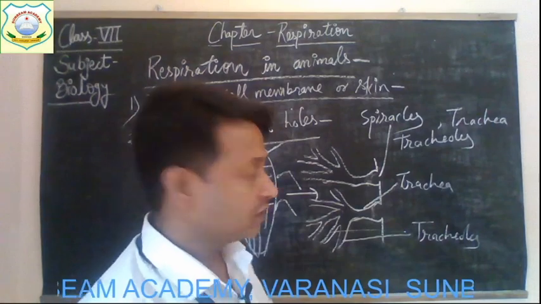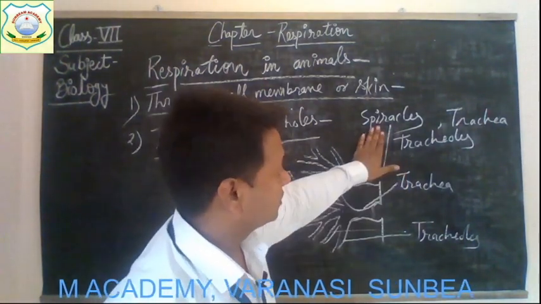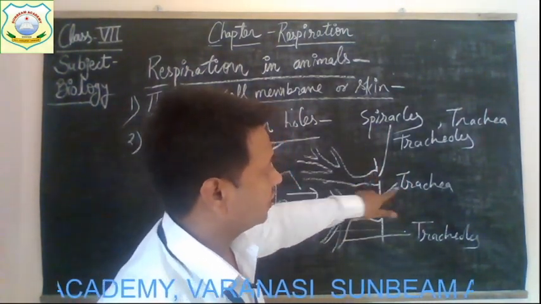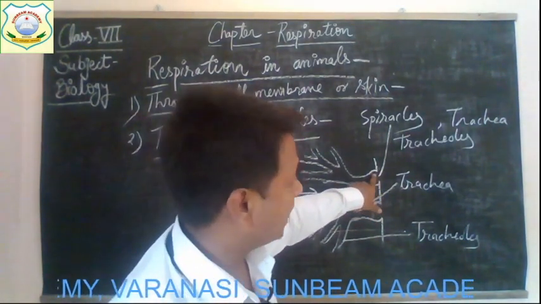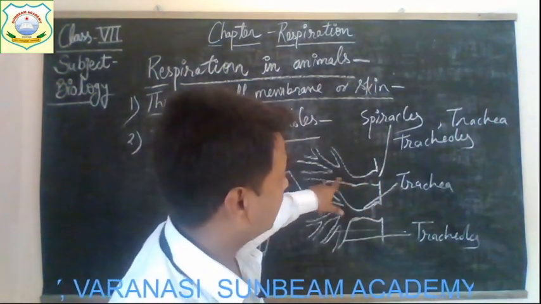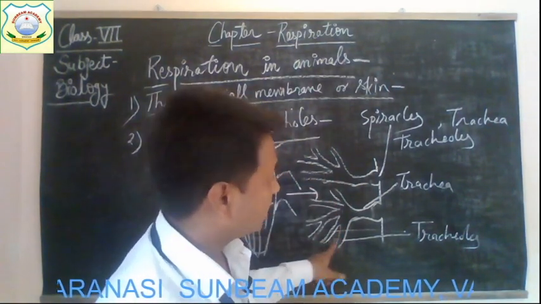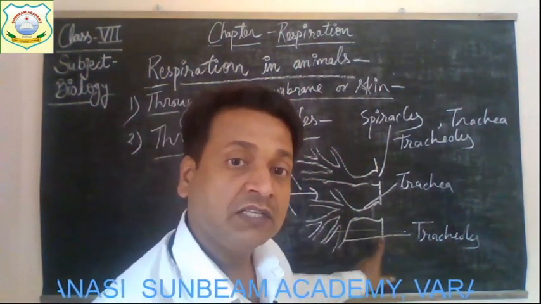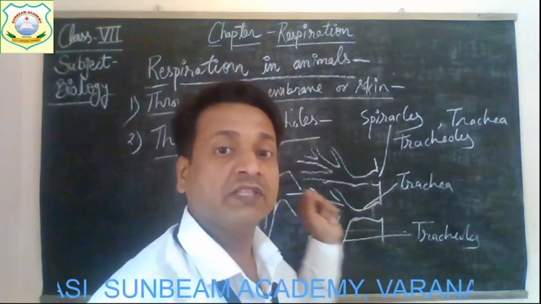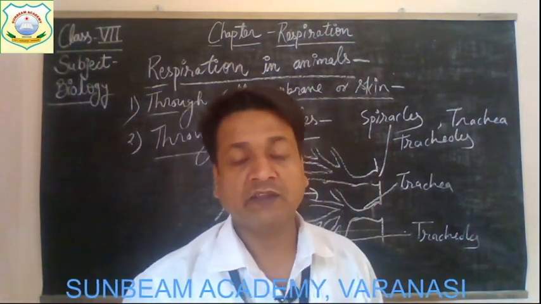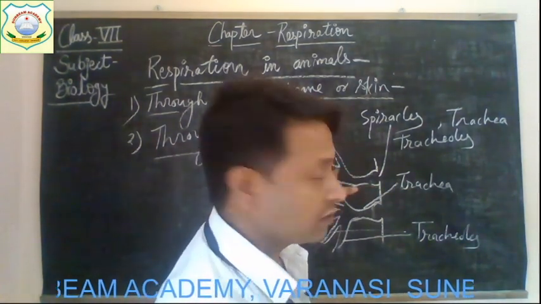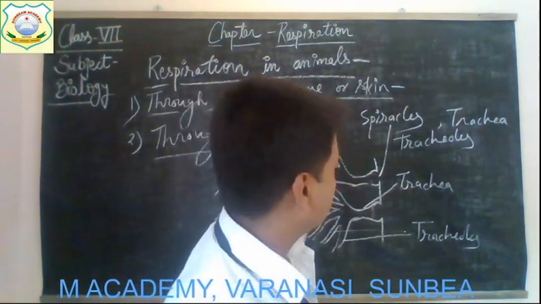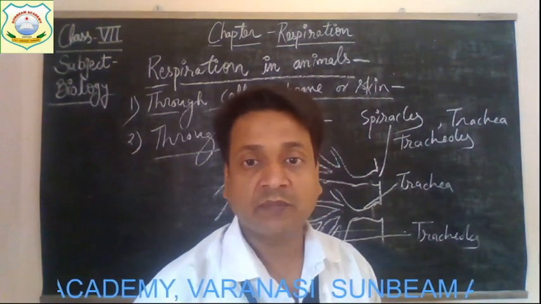Get it, children? These three important parts: spiracles, the openings; trachea, the tube-like structure which connects to the spiracles and gets divided into many branches; and these branches are tracheoles. And finally, these tracheoles are joined with the different tissues of the body, where oxygen moves directly in and carbon dioxide moves outside of the body.